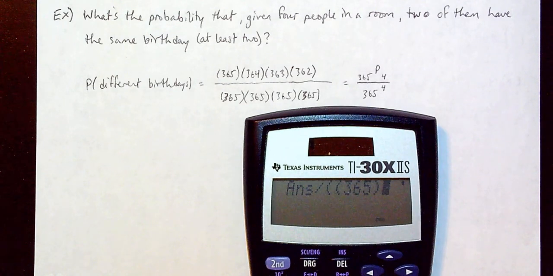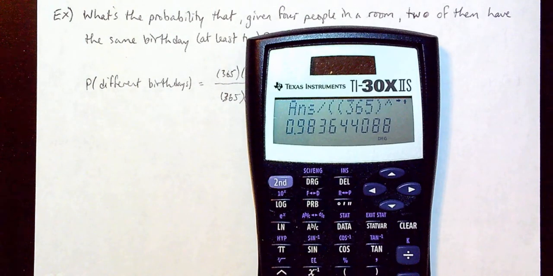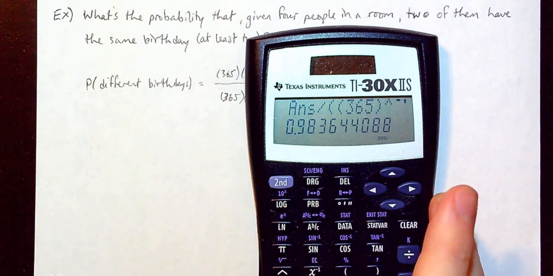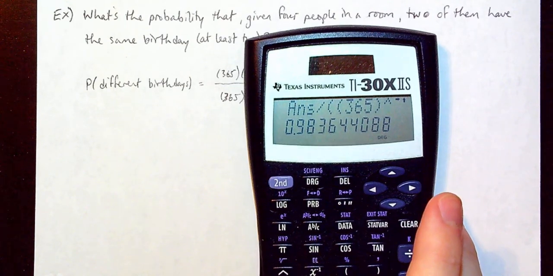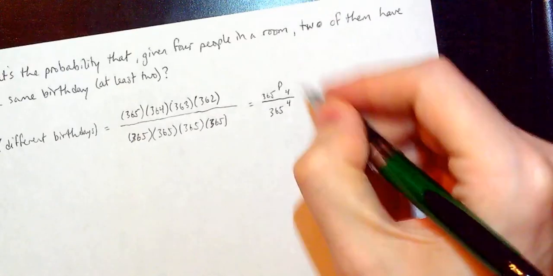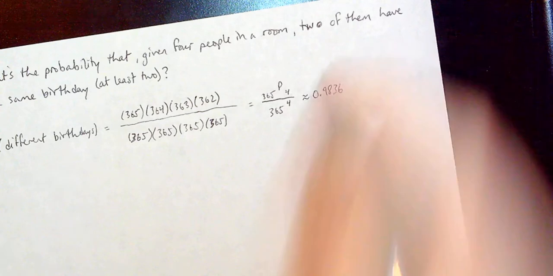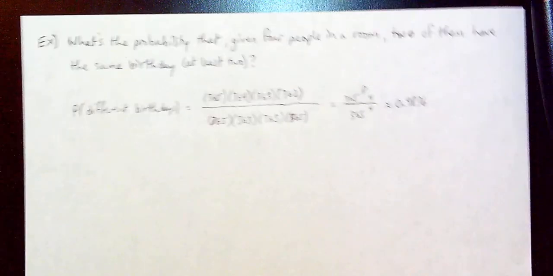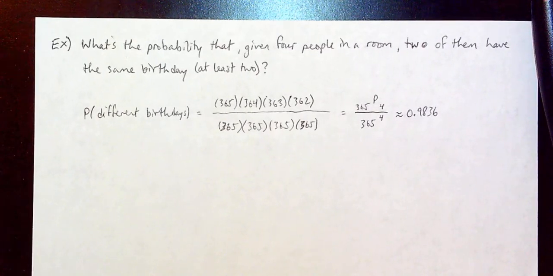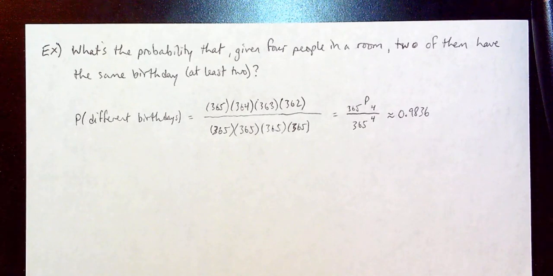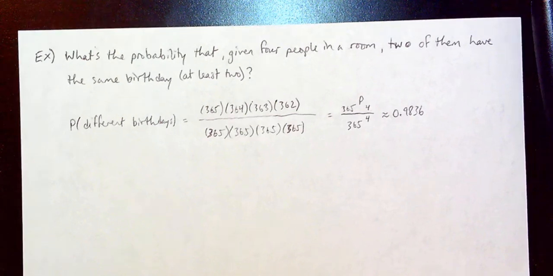But in the end, we get something we can actually work with. So we get approximately 0.9836. So that's the probability that 4 people in a room will all have different birthdays.